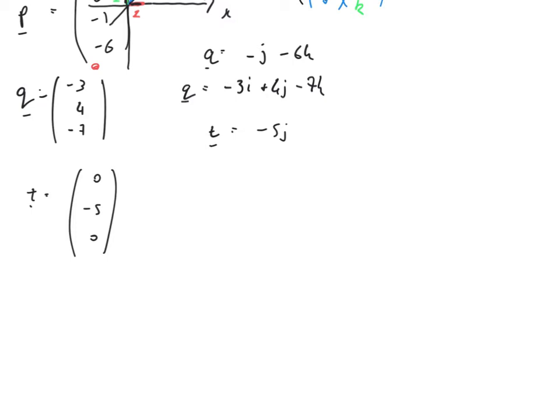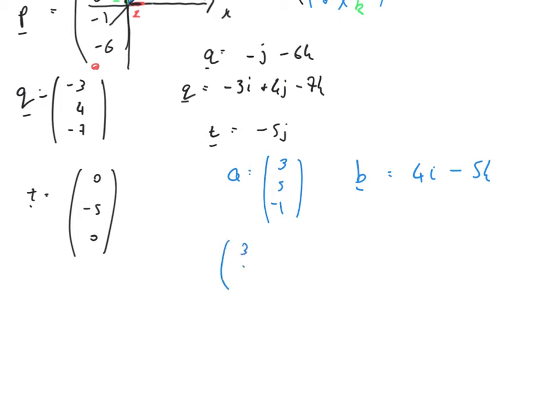Okay, so let's say we wanted to add the vector a, which was 3, 5, minus 1, and the vector b, which was 4i minus 5k. Well, let's put everything into component form then.